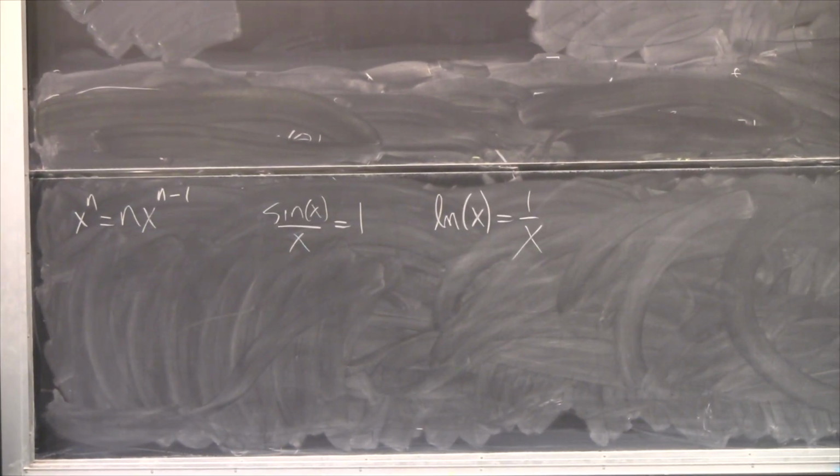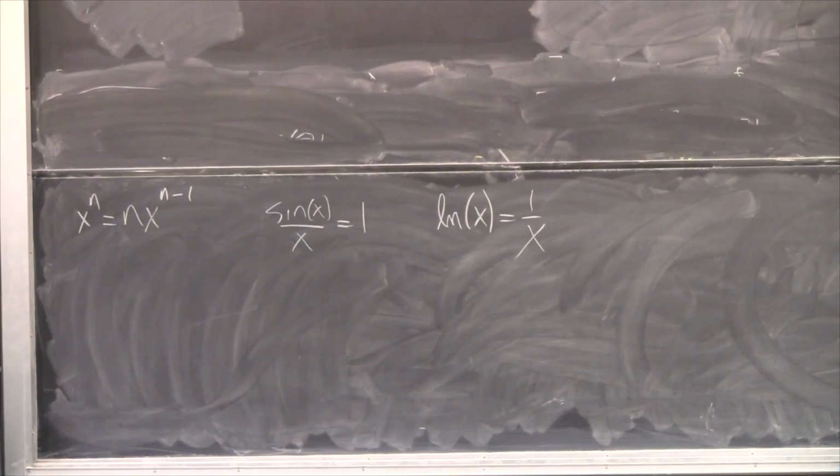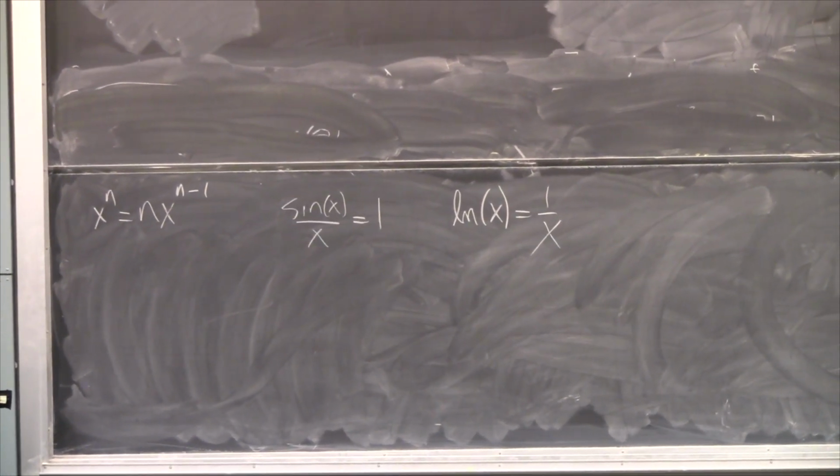So 1, 2, 3, 4, 5 equations. Any comments on which of these are true, which of these are false?